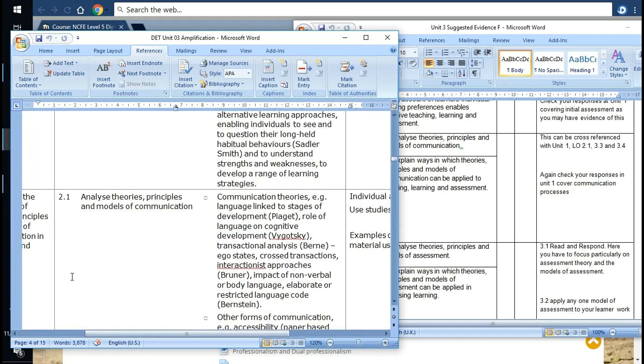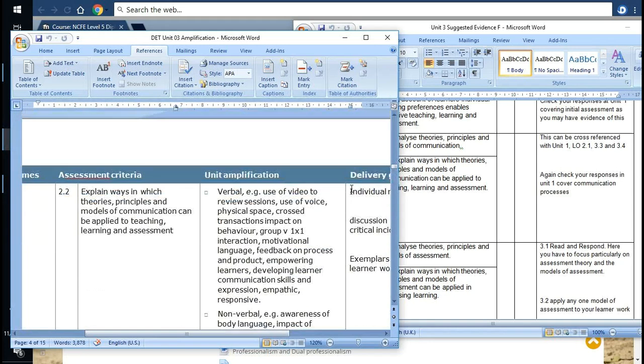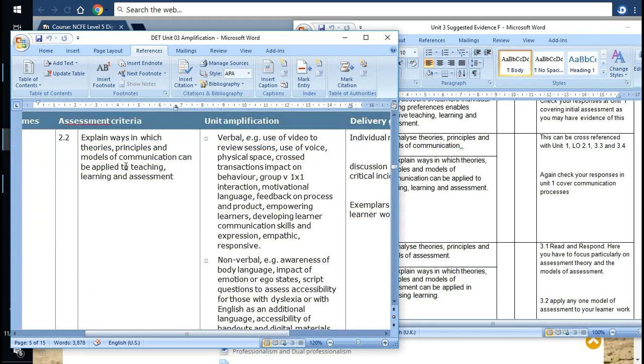So let's just analyze the different communication modes. And of course, 2.2 then says, explain ways in which theories, principles, and models of communication can be applied to your teaching. So again, there'll be one in there that will match pretty well what you do, and then just talk about that, because again, we're not on an analysis at this point. We've done that. This is just an explanation of how those match in.